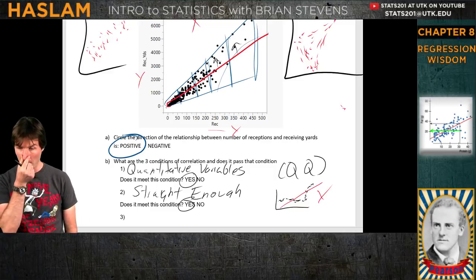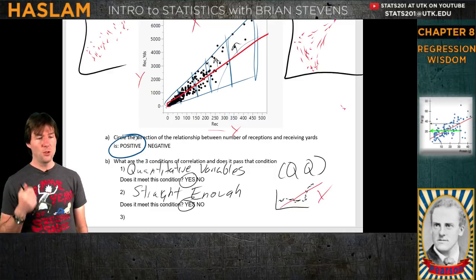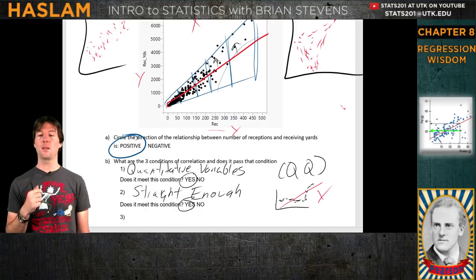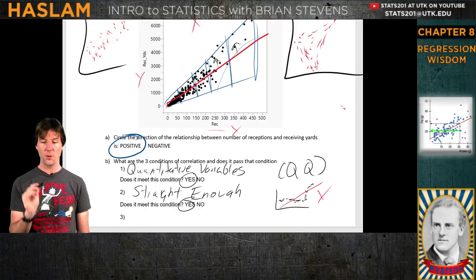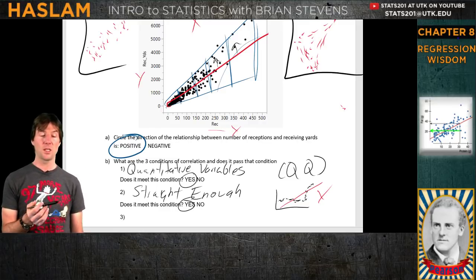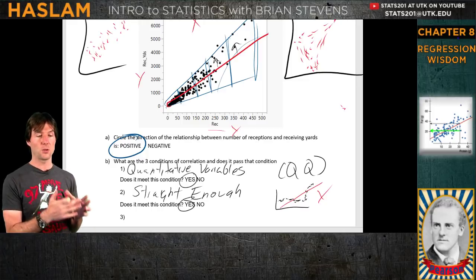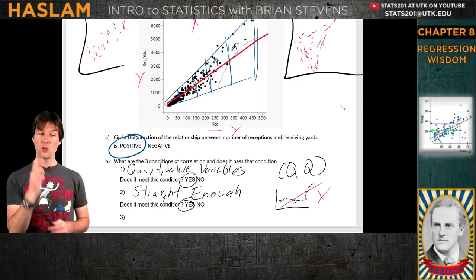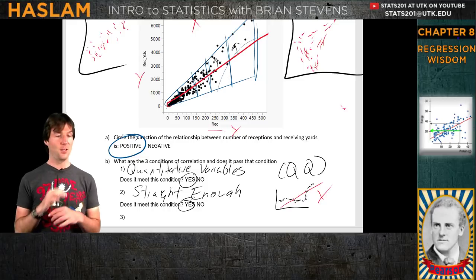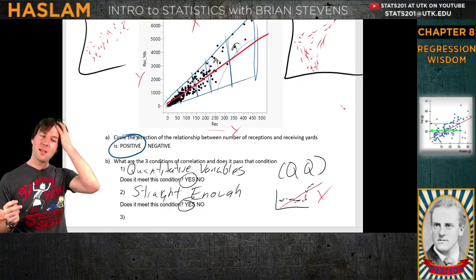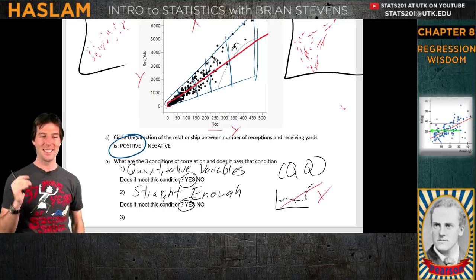So can we say linear instead of straight enough? You should be able to. It is kind of the linearity condition, so if your grader takes off points and you explain it, and you say a line well approximates the relationship between the 2 variables, that a line is a good way to describe this relationship, you should be good. You can use a lot of synonymous words, but a lot of times you'll see me trying to keep everyone using the exact same wording.